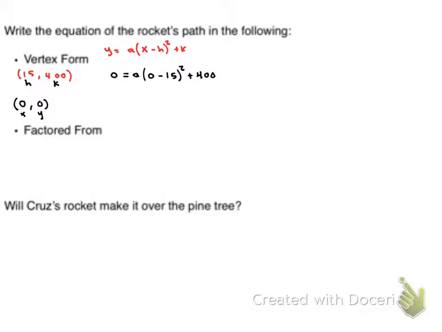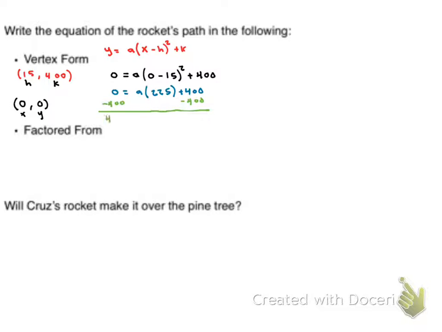Now let's simplify. We get 0 equals a times (0 minus 15), which is negative 15, and then negative 15 squared is 225, plus 400. Now let's subtract 400 on both sides.